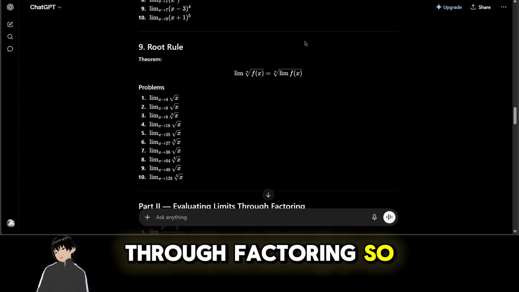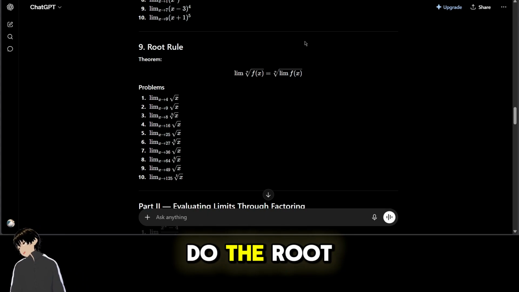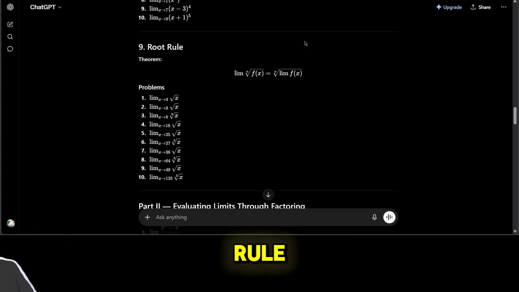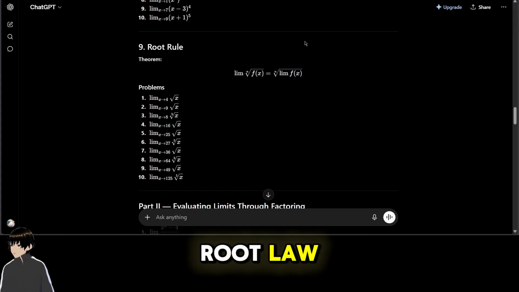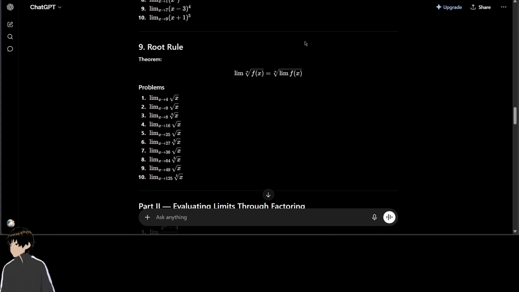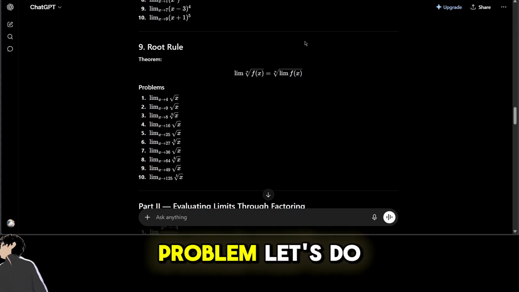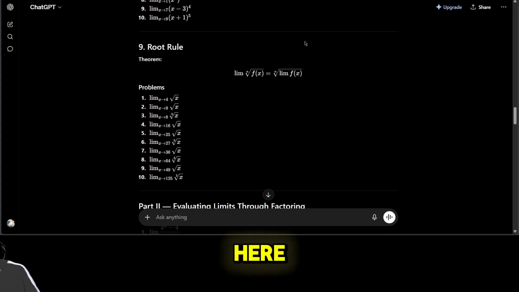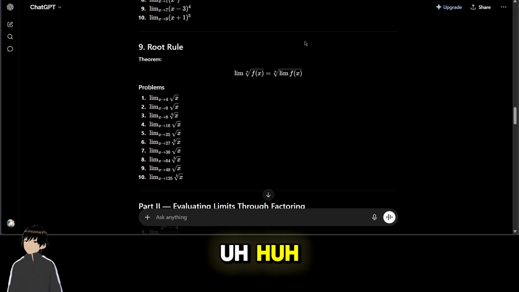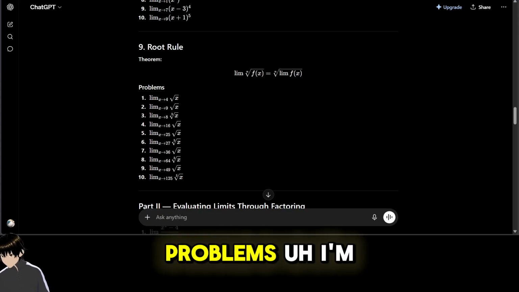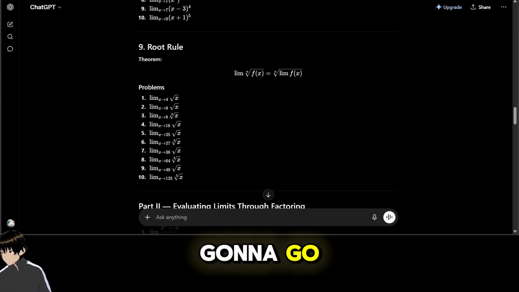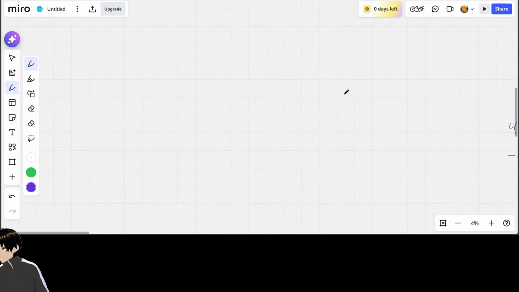So now let's just do the root rule, or the root theorem, or the root law, whatever you want to call it. Okay, so now let's do the problems right here.